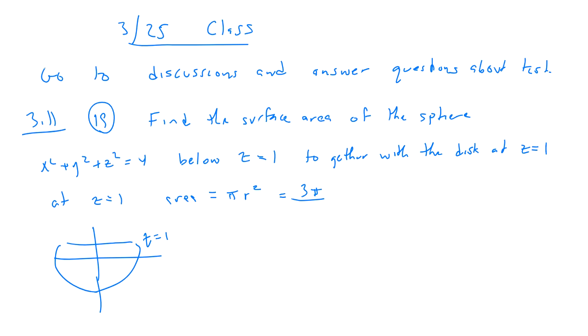What we want to do is go through the full thing: we know that the surface area, if we have it in parameterized form, we can do fairly easily. Here it's a bit more complicated because we'd have to get z in terms of x and y and take the partial derivatives. We don't really want to do that because it's going to be a messy one. So we want to do parameterization.